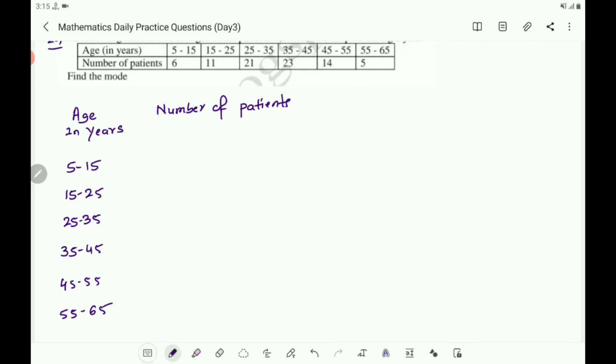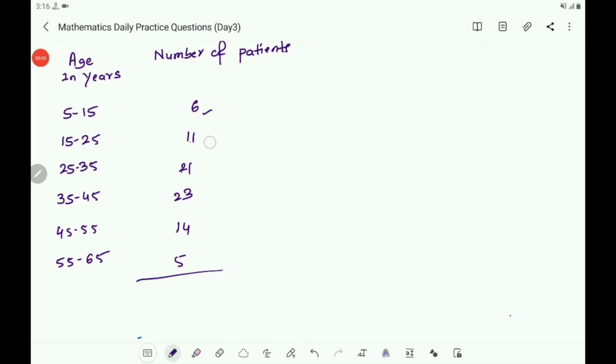Number of patients: 6, 11, 21, 23, 14, 5. And let us find the sum of all the frequencies, the total number of patients.